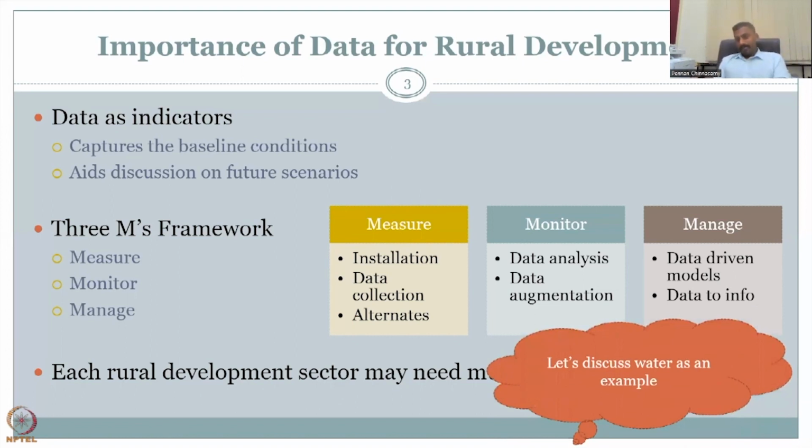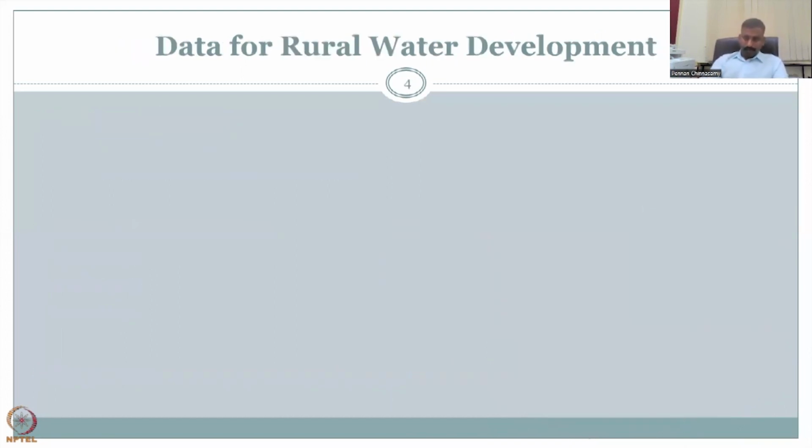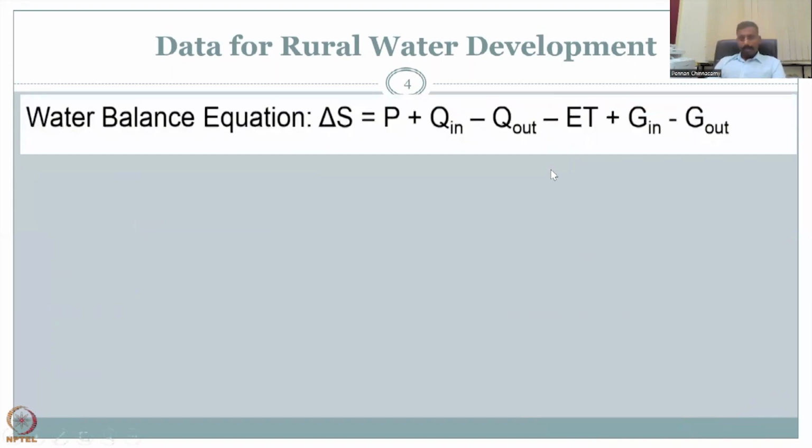As an example, to drive this point very clearly, the importance of data for rural development, let us discuss, as I said, one of the most important sectors, which is water. So what you see here is we're going to discuss data for rural water development by using a mass balance approach.